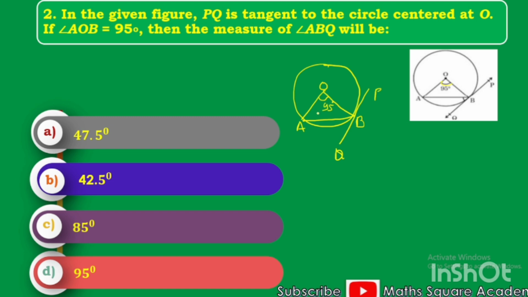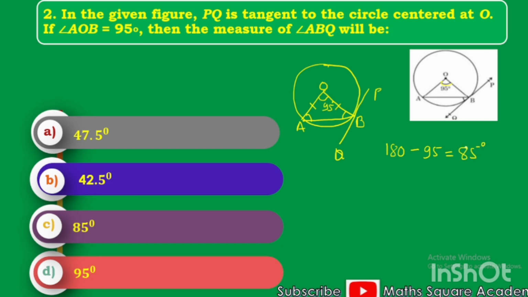Now we have to find the angles A and B. You can see from the figure that OA and OB are radii, therefore triangle AOB is an isosceles triangle. In triangle AOB the sum is 180 degrees, right? From that you subtract 95 degrees, so you get 85 degrees.